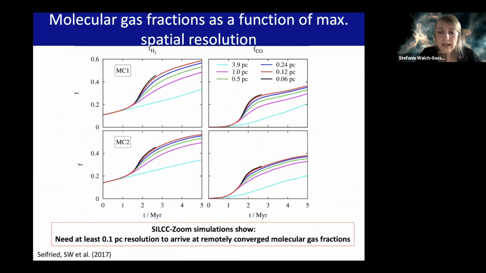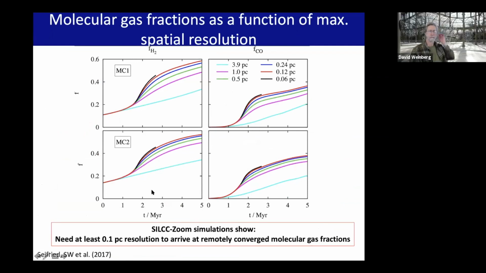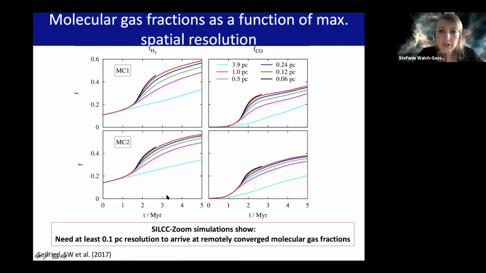Also, we find in terms of required resolution that we really need to go to very high resolution in order to get converged molecular gas fractions. So again, this is for 2 molecular clouds, and this is showing the fraction of gas in H2 and CO. What we did here is run exactly the same simulation and allow the code to refine to different maximum refinement levels.